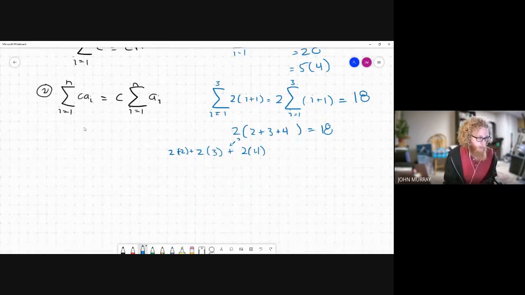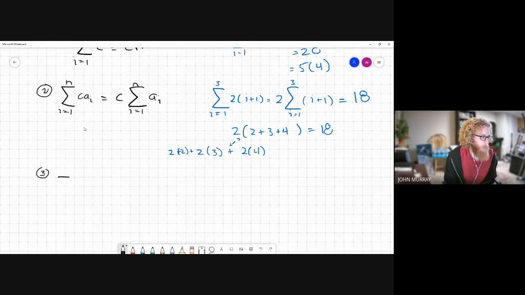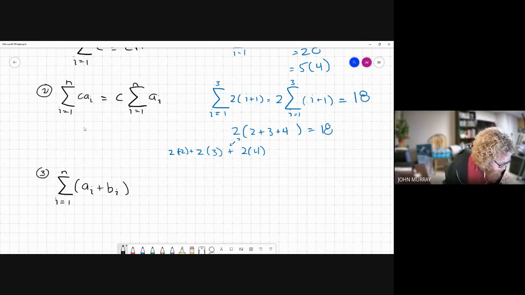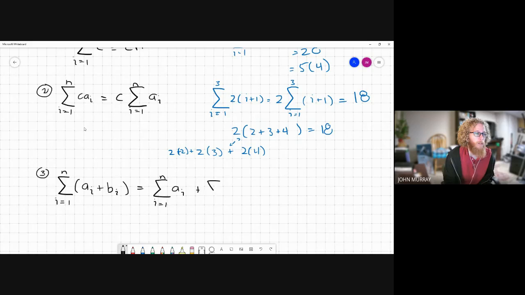Our third one is kind of familiar. So if I'm finding the sum of a sum of terms, I can break that up into a sum of sums.